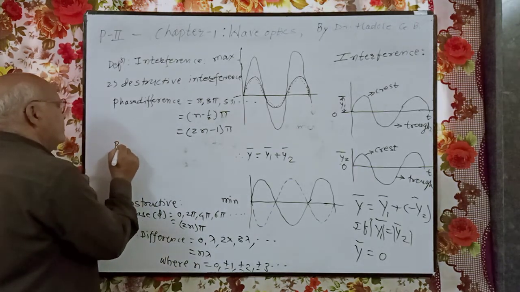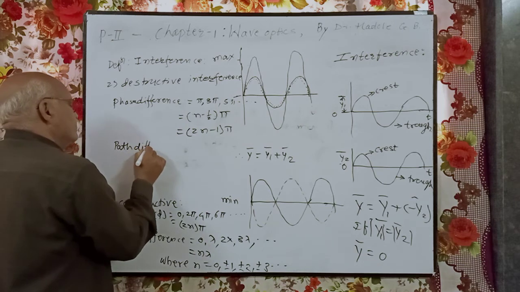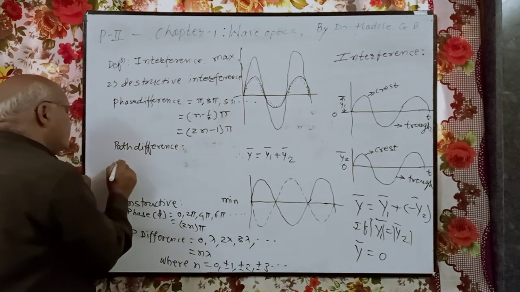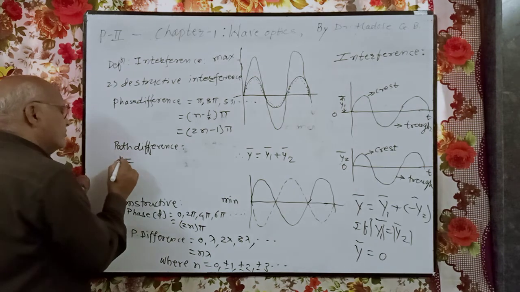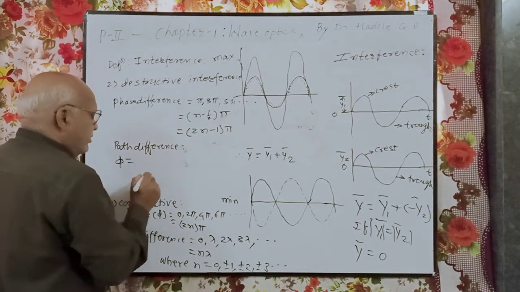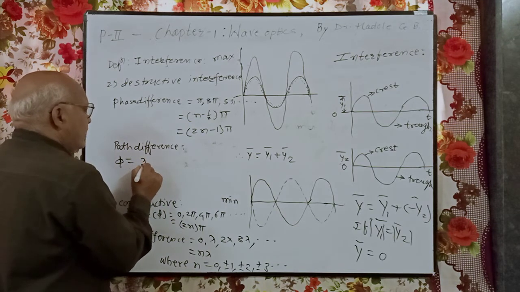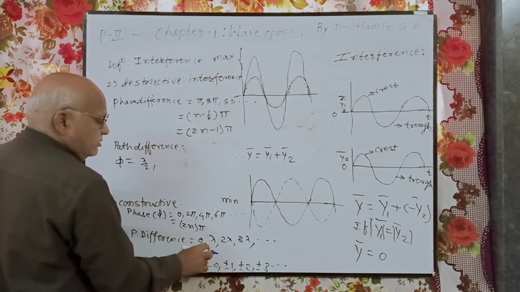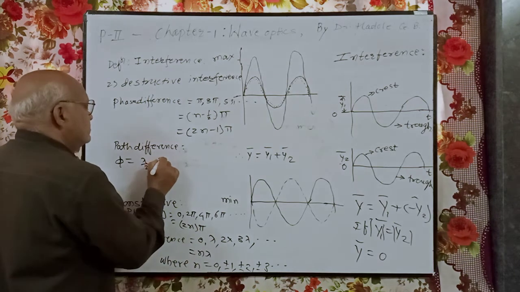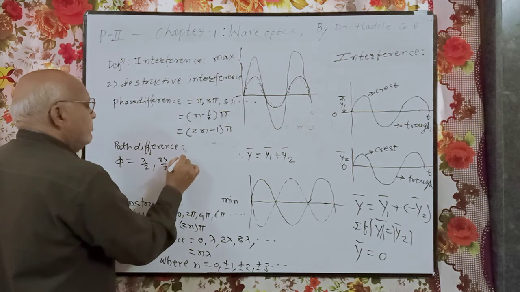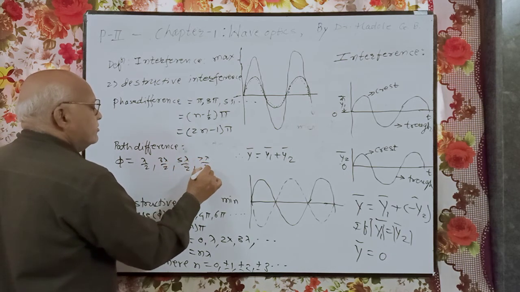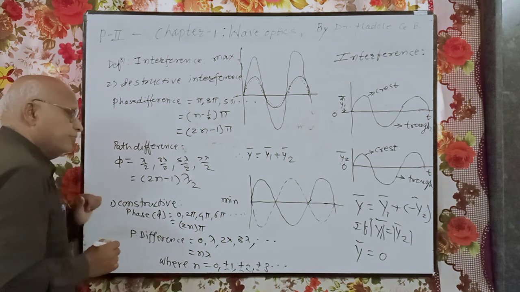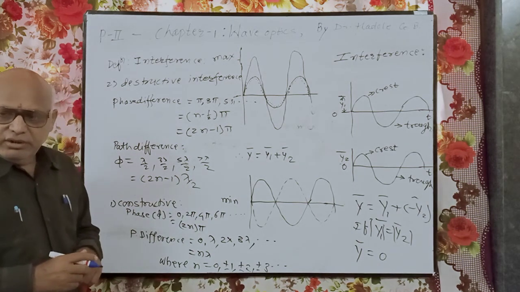Next, path difference. In terms of path difference, we write it as lambda by 2, 3 lambda by 2, 5 lambda by 2, 7 lambda by 2, or that is equal to 2n minus 1 into lambda by 2.